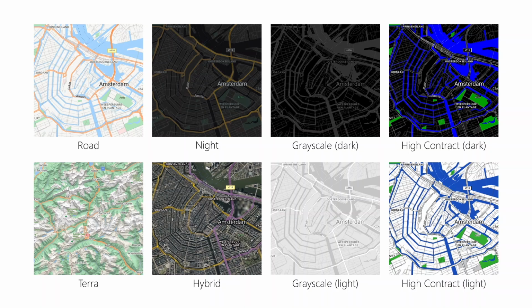We also have two specific styles for people with disabilities. We have a high contrast version that you can select for people with disabilities. And we have another style that is not available in this picture, because that's a blank or empty style.